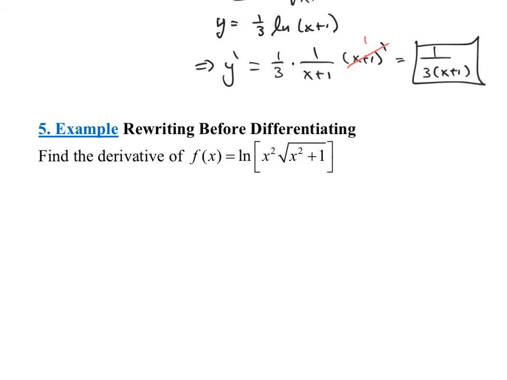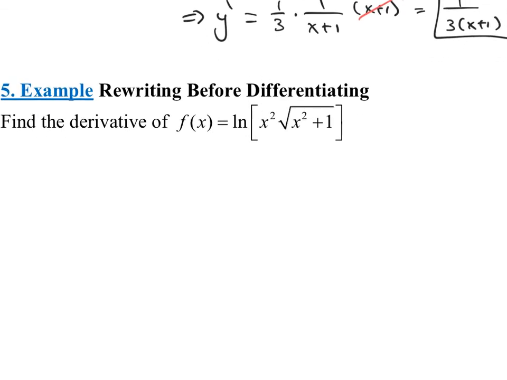Instead, what we're going to do is use those logarithmic properties at the beginning, use the logarithmic properties to simplify our problem, and then we're going to figure it out. So again, we have multiplication of x squared times the square root of x squared plus 1. Multiplication separates into addition, so this is the natural log of x squared plus the natural log of the square root of x squared plus 1.